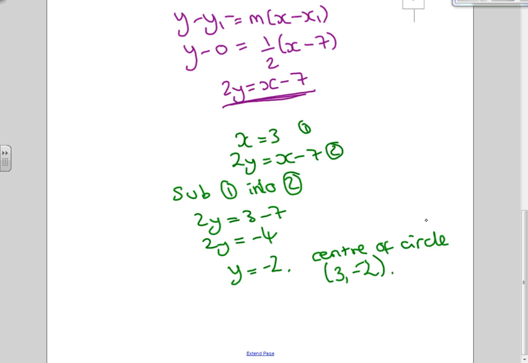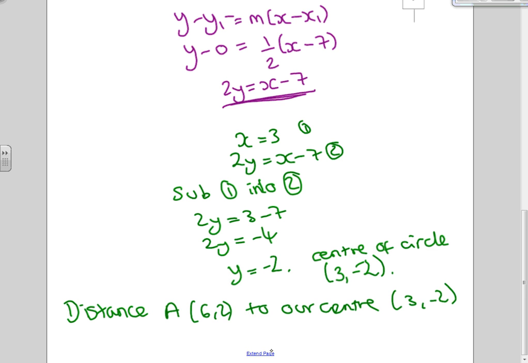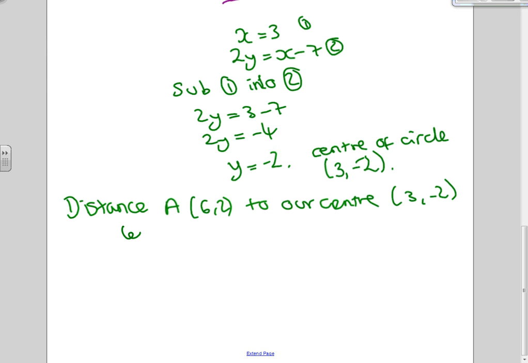So now we need to try and find our radius. So we're going to do that by finding the distance from one of our points on the circle that we're given in the question. In this case, let's say that we're finding it from A, which is 6, 2, to our centre, which is 3, minus 2. So of course, to find the length, we use the square root of x2 minus x1 squared plus y2 minus y1 squared.